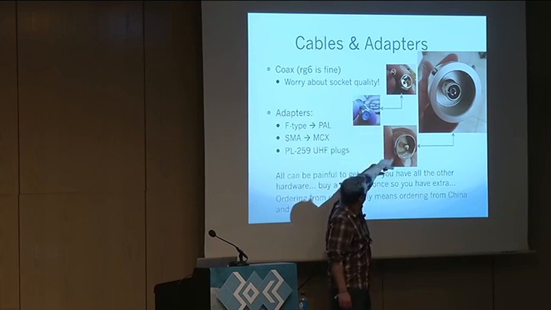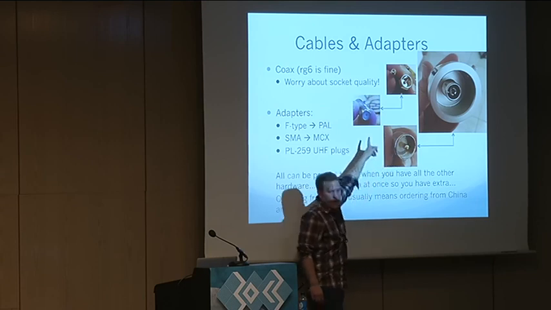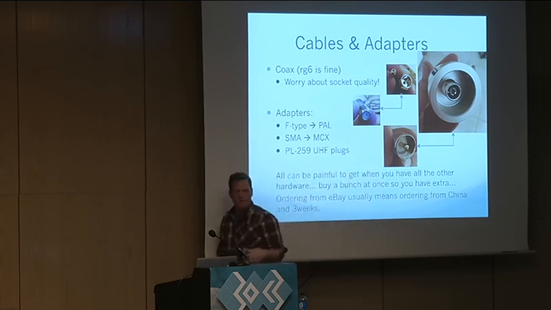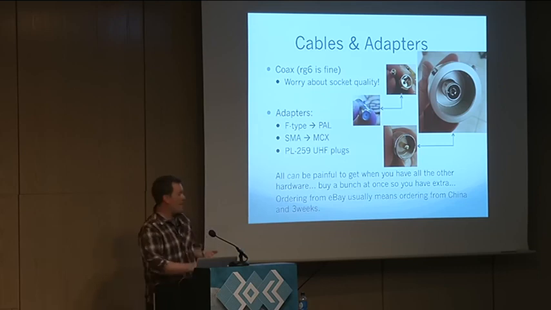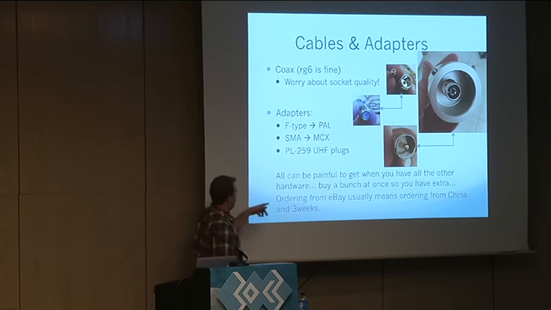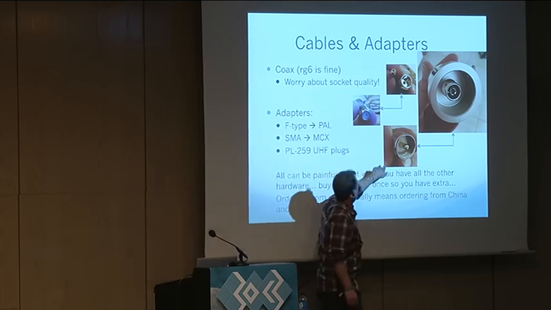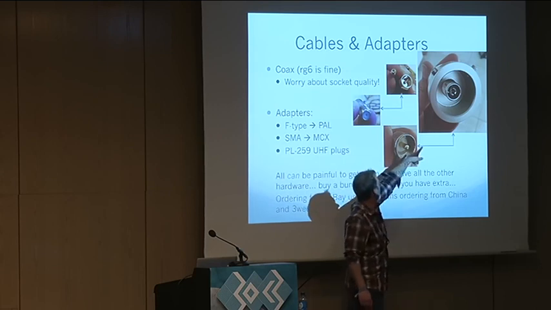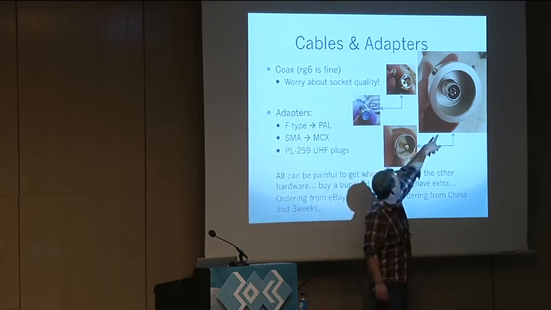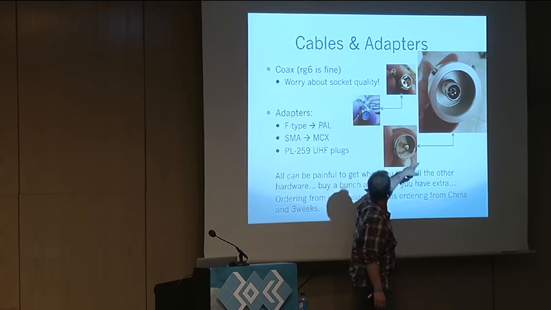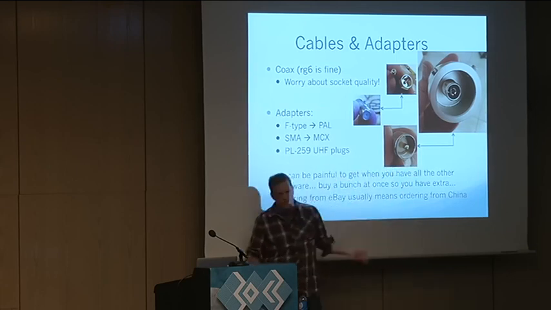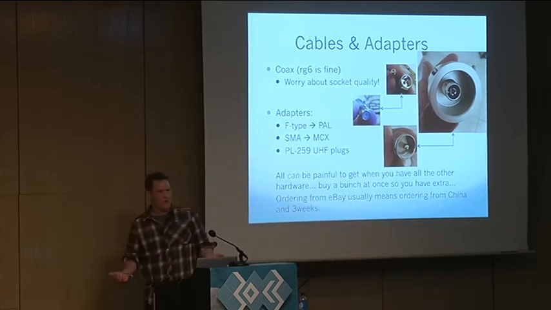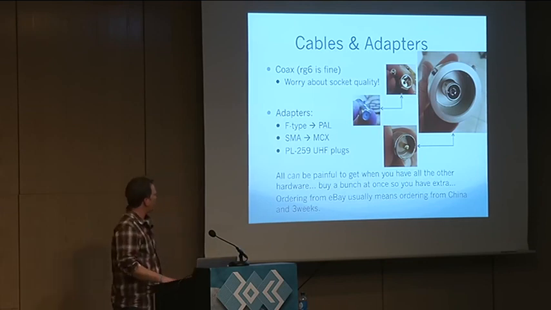Typically, when you're talking about F-type and SMA and all those things, you have female or male. Well, in this realm, you're talking about SO239 as the female piece, and PL259 as the male piece. This is the weird one in the whole bunch.